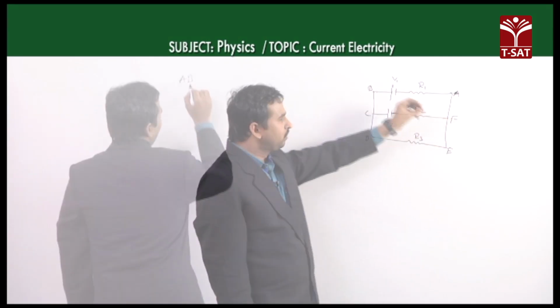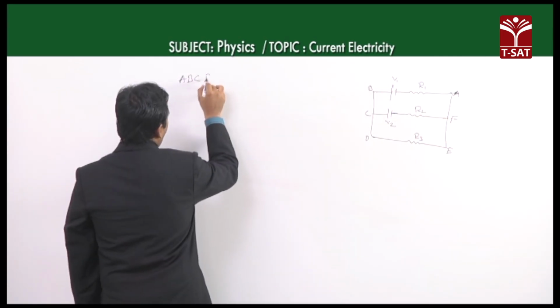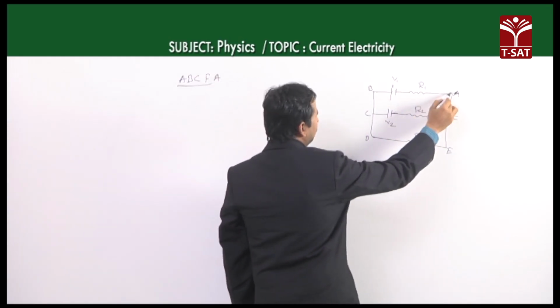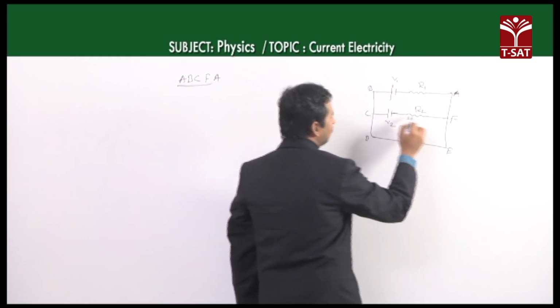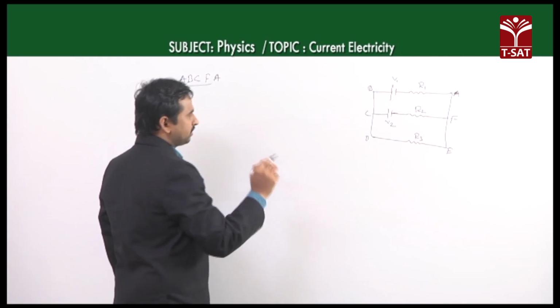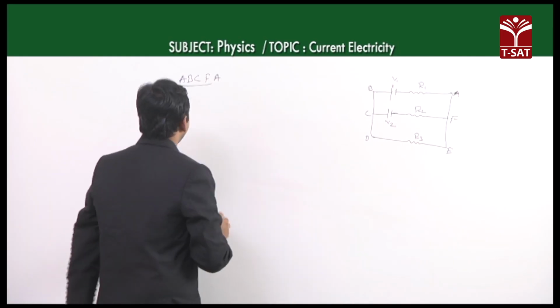For ABCFA, that is, starting from A towards B, now C, and coming back to F and finally to the point A.